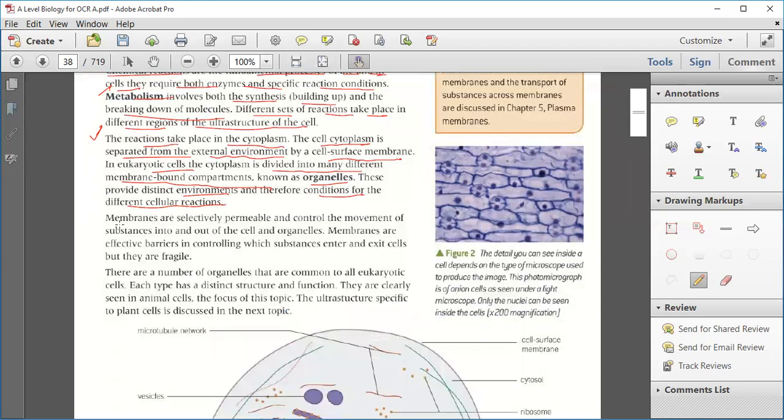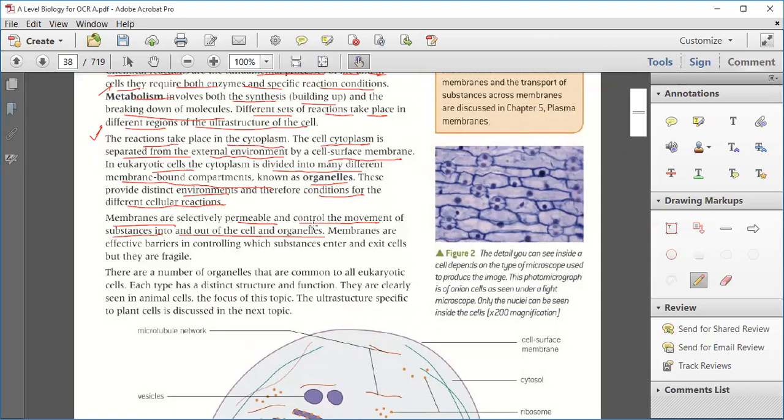Now, membranes are selectively permeable and control the movement of substances into and out of the cell and organelles. These membranes are semi-permeable or selectively permeable, which means they allow only a certain amount or certain size of particles to move through them. Otherwise, they will not allow every particle to move through. Clear?